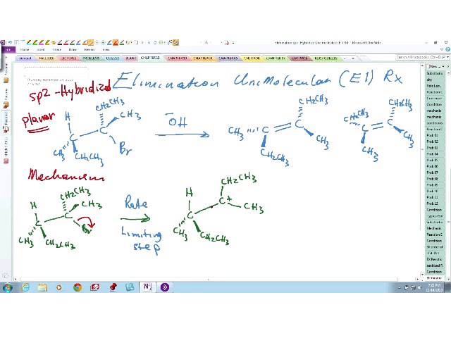Also, remember when we did the conformation of alkanes, we could get a rotation of this carbon-carbon bond. Keep in mind what we want to do is to explain how we form these two products. You could get that rotation, and now you get this.